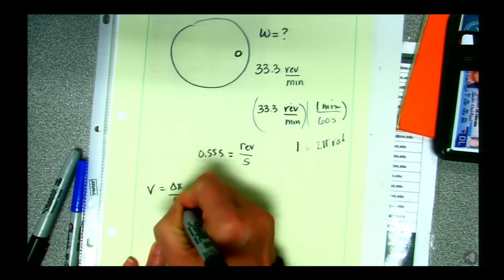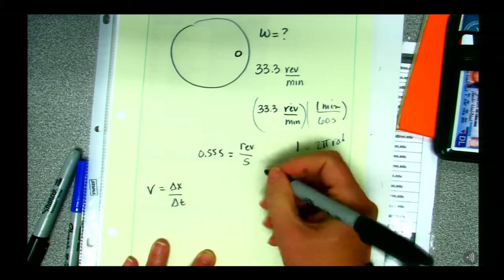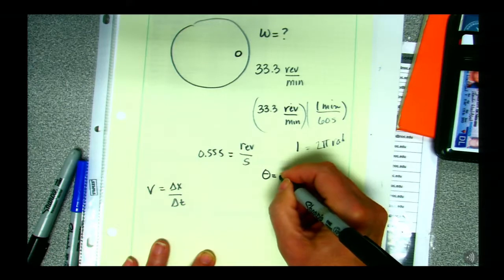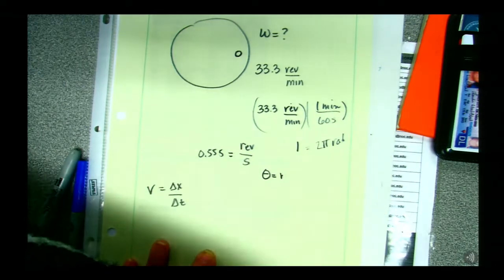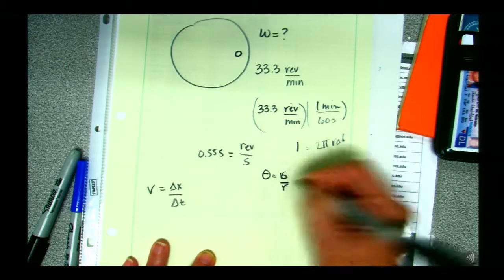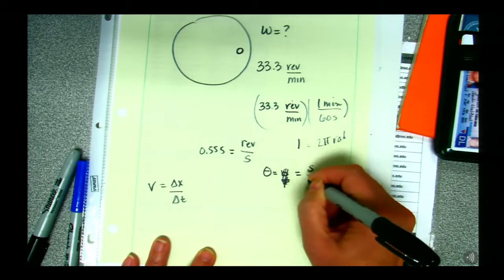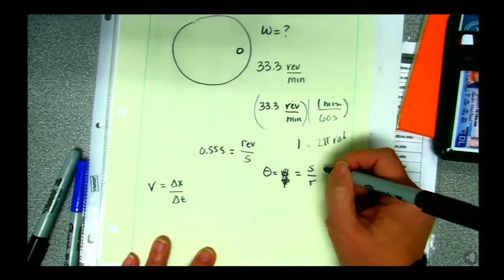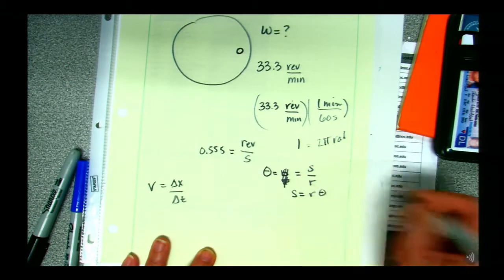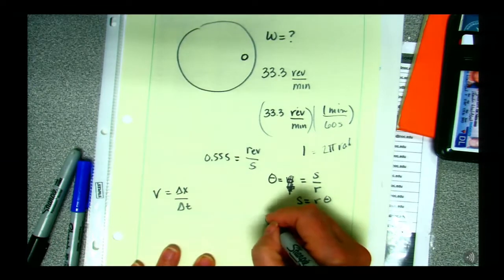I also have that my angle is equal to S divided by R. So my S, if I want to convert to a linear distance, is R times my angle. Now my angular velocity is the change in angle with respect to time.